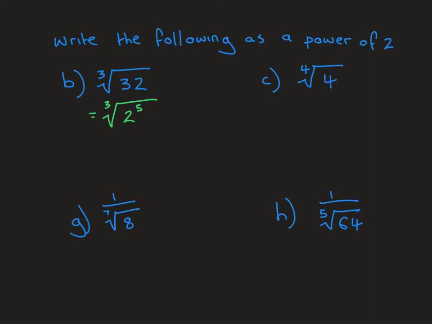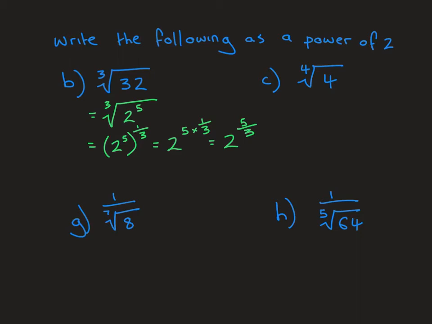Okay, so anything cubed root is going to be to the power of 1/3. So what we're going to have here is 2 to the power of 5 to the power of 1/3. Now we expand the brackets like we did in the previous questions, which equals 2 to the power of 5 times 1/3, which equals 2 to the power of 5 on 3. And that is our answer.